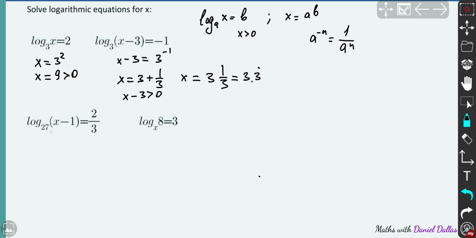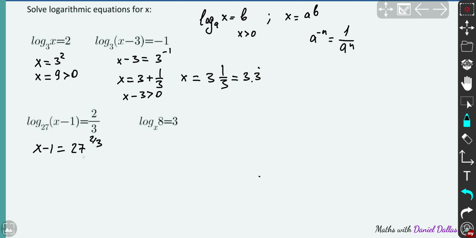We've got log base 27 of x minus 1 equals a fraction, 2 over 3. We just do the same. We take 27 and raise it to the power 2 over 3. So I'll write x minus 1 will be equal to 27 to the power 2 over 3.